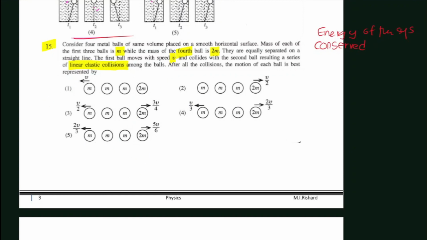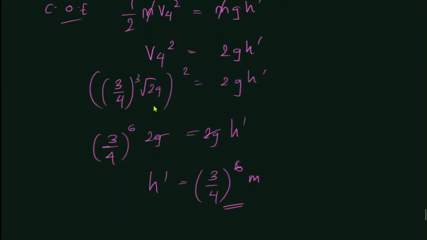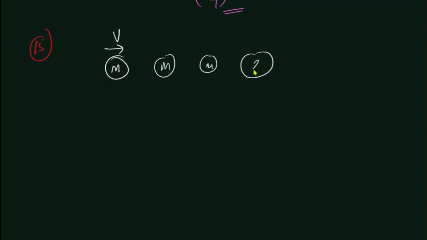So it's like this initially, right? This is the 15th one. Initially, all the objects are at rest. This guy is moving with velocity v. These guys are at rest, and this one is 2m. So what is the initial linear momentum of the system?